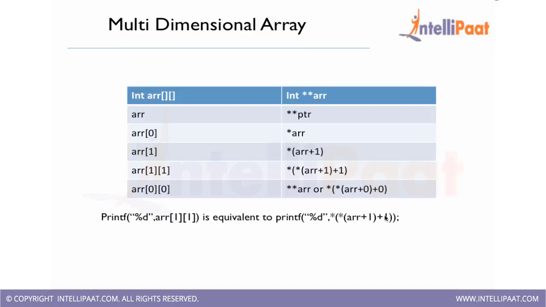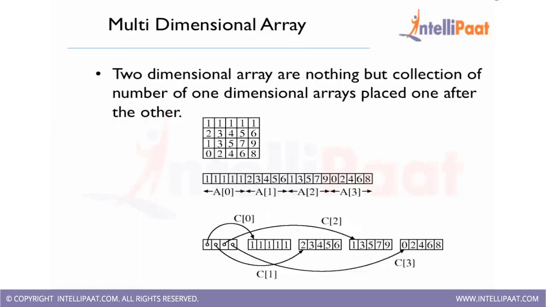This is how we end up with the result. Let's revisit this slide. When we say arr[1][1], the value at address arr plus 1 will point to this, and the value at this location will point to 2.